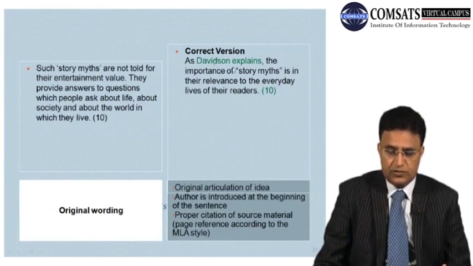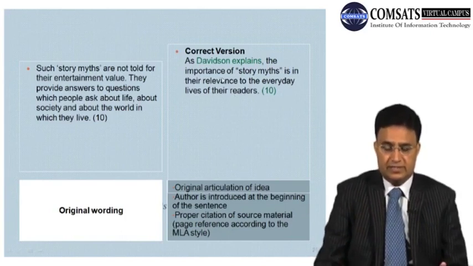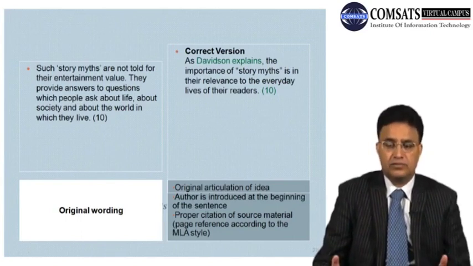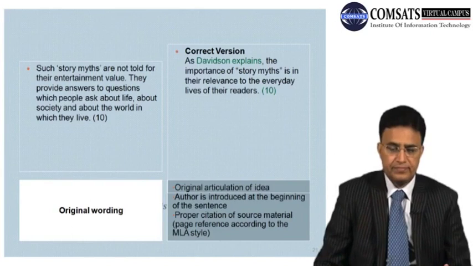Proper citation of source material, page reference according to the style manual of MLA, which we'll discuss in the coming session maybe. That is the Modern Language Association manual, how to cite properly.